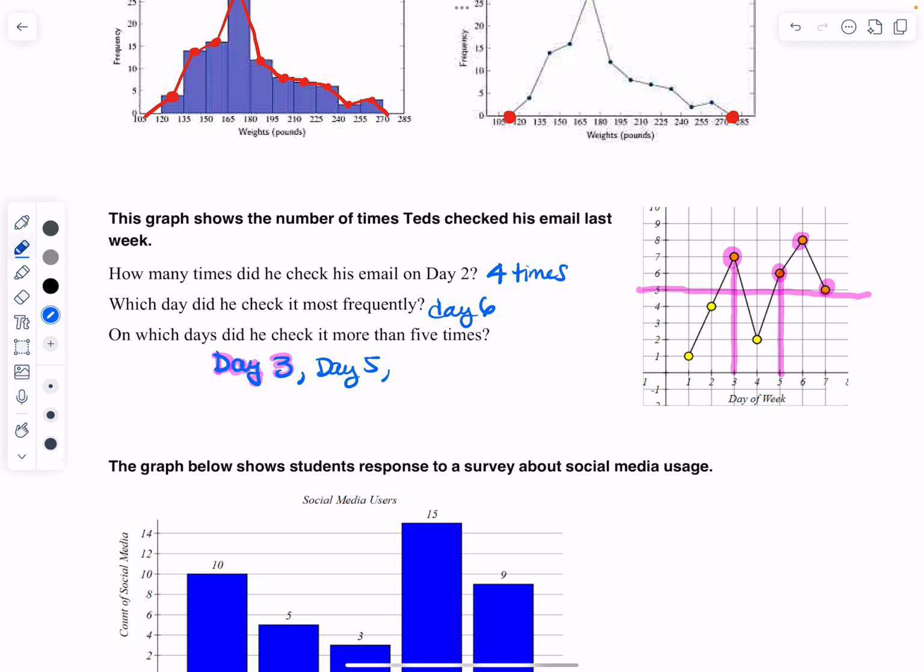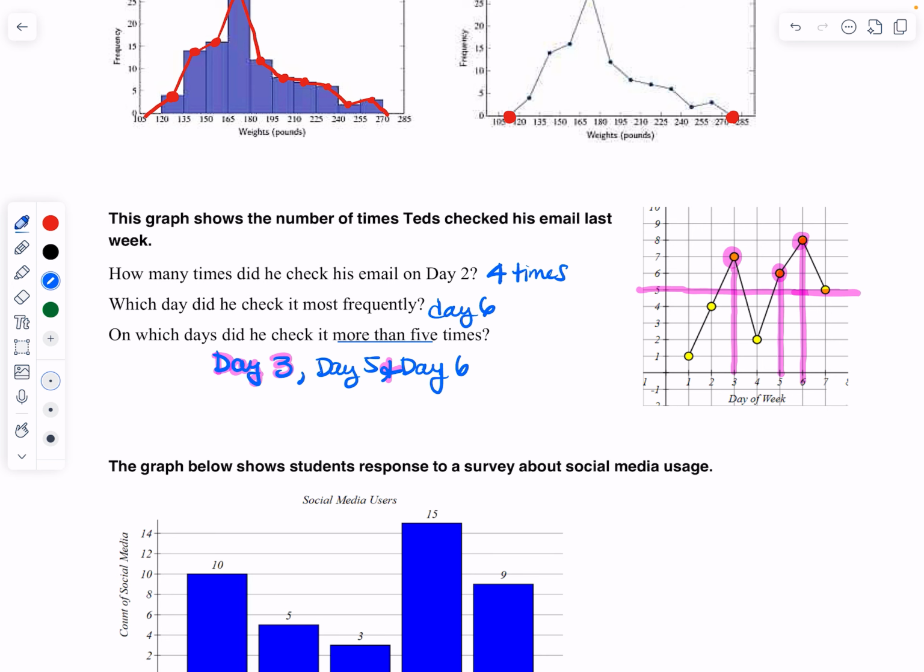Okay, the next one is day 6. And it says more than 5 times, so I'm not going to include that last one that I have highlighted, because it says more than 5 times, not equal to 5 times. So it has to be above the line. So day 3, day 5, and day 6.